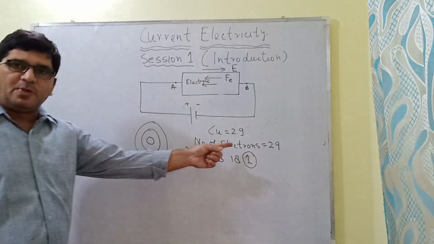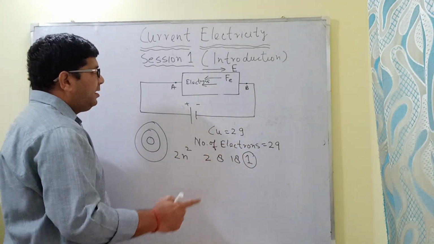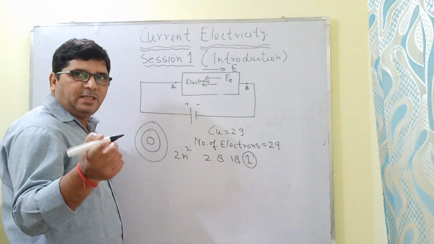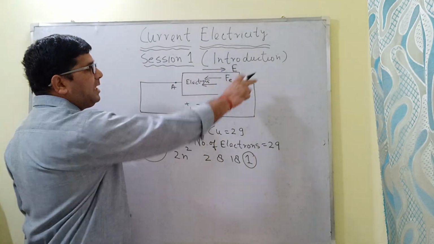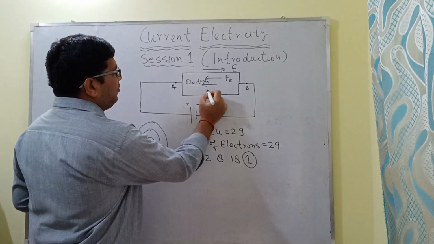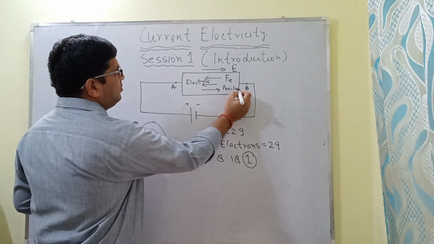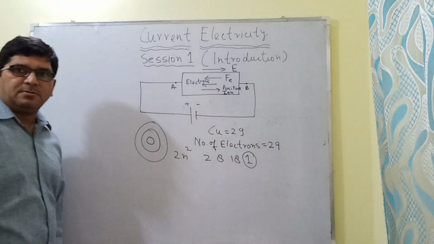So now it becomes a positively charged ion or particle, and the positively charged particle moves from a higher potential to a lower potential, and it will be experiencing the force in the direction of the electric field. So this positively charged ion will move in this direction.